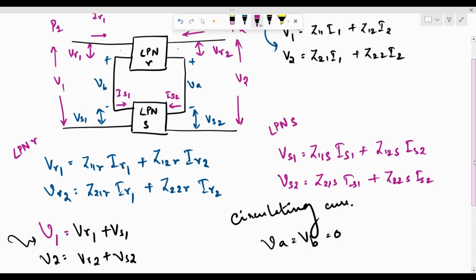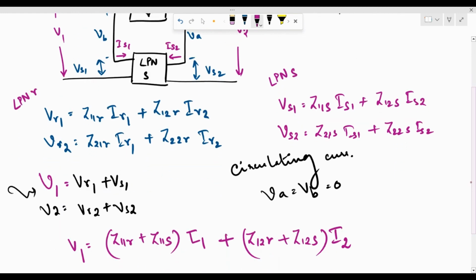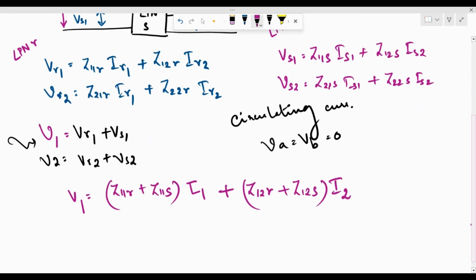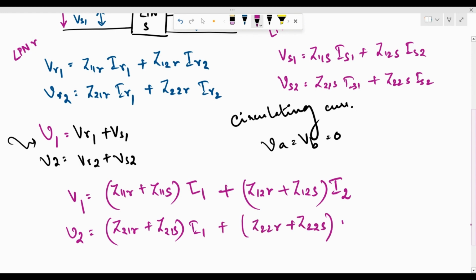And therefore, I1 and I2 are also going to be the currents leaving ports 1 and 2 respectively. So now we can write this equation in this manner. Similarly, V2 is equal to (Z21R plus Z21S) I1 plus (Z22R plus Z22S) I2.